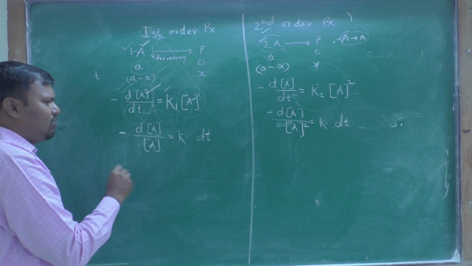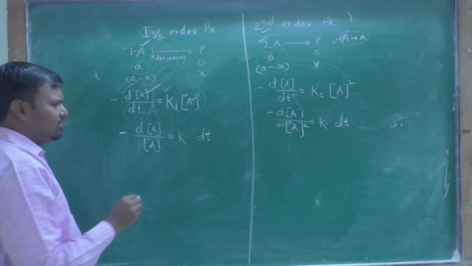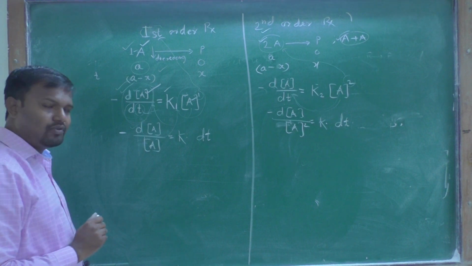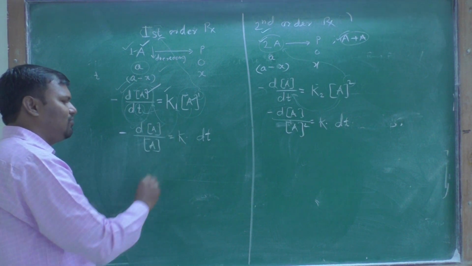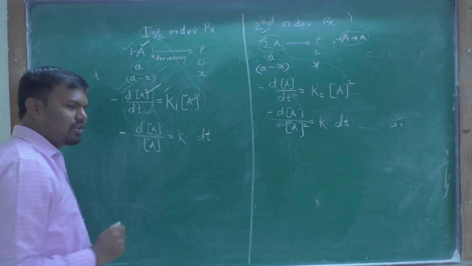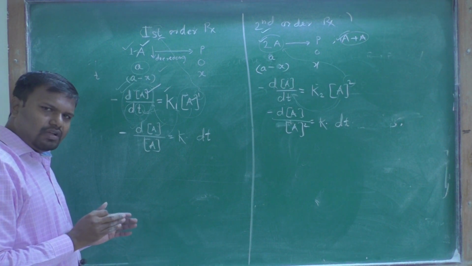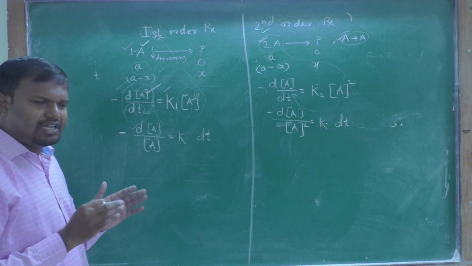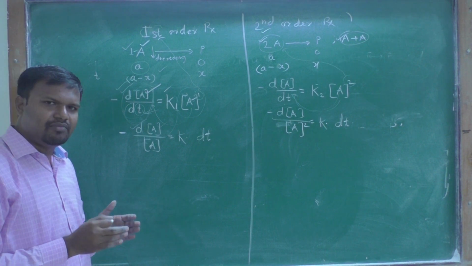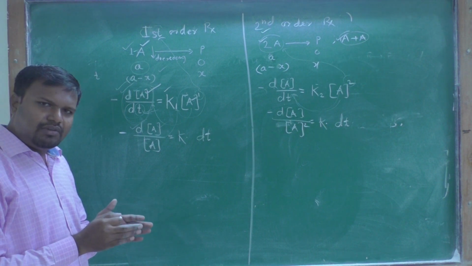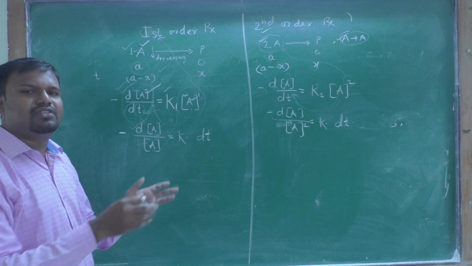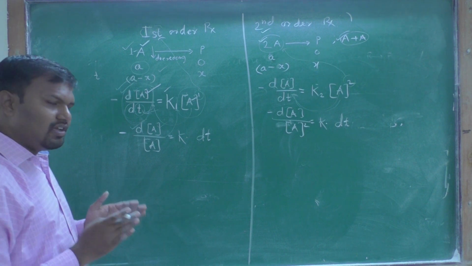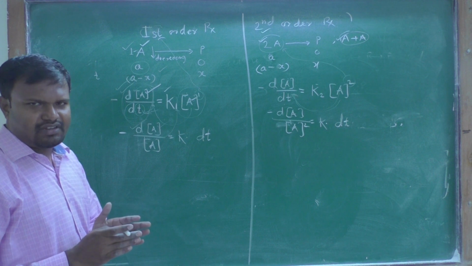Then, we discussed that it is for a very small amount. This change is a very small amount within a very short time, and that change is called the instantaneous reaction. At a particular time, within a very small time limit, 1 second, how much reactant has reacted is the instantaneous reaction.